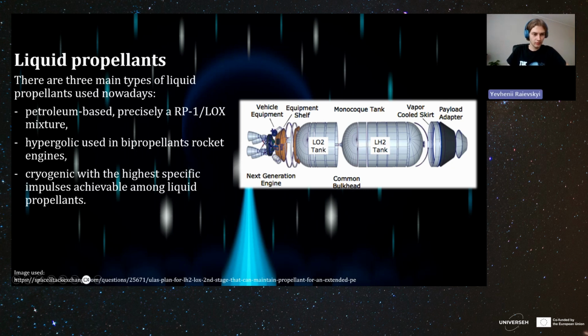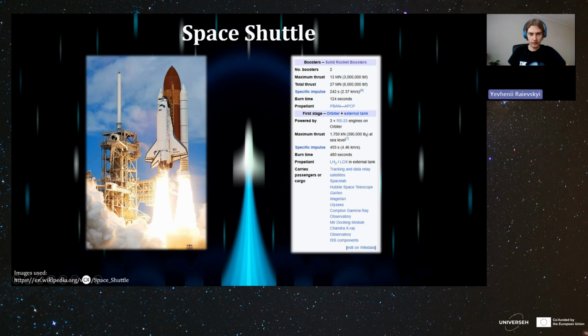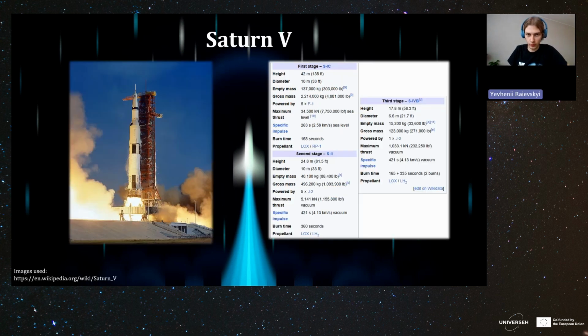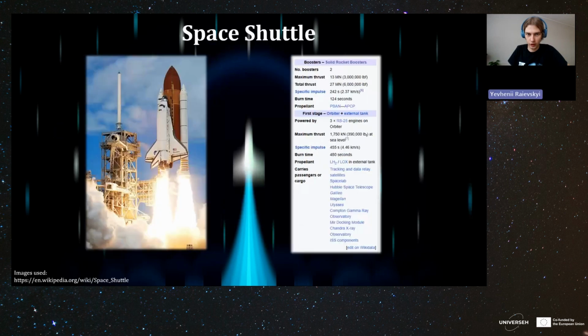And basically, from liquid propellants, I gave you 4 rockets with characteristics to compare them in terms of propellant used, specific impulse and thrust they got. For example, Space Shuttle, very famous rocket, creates thrust.